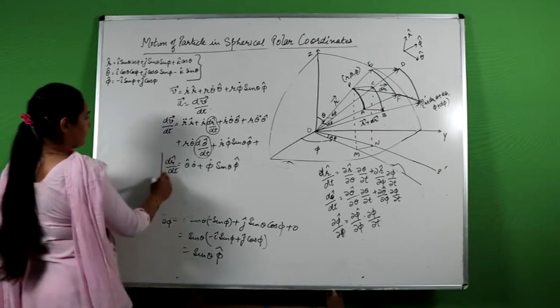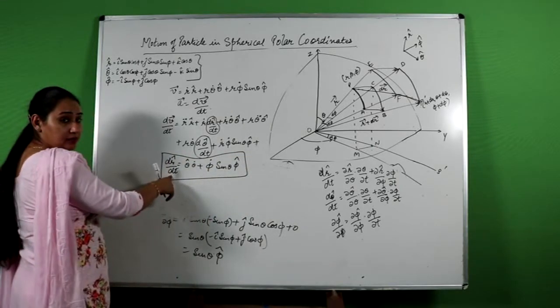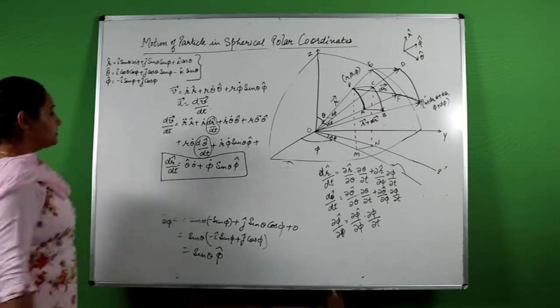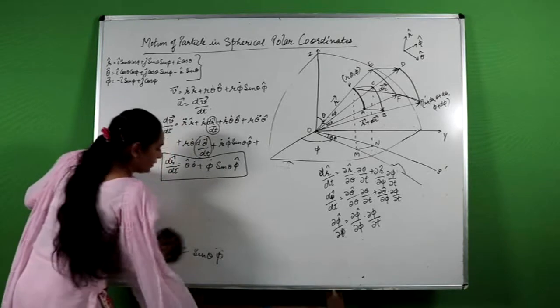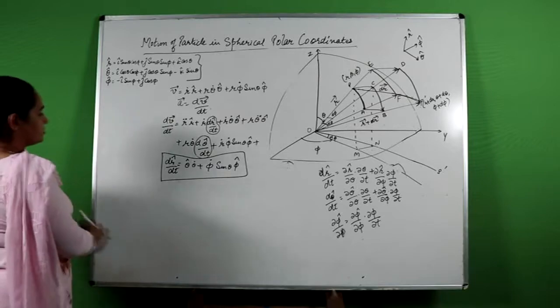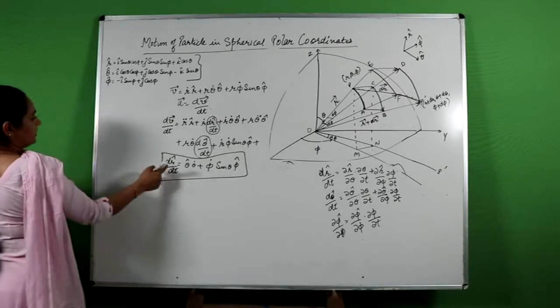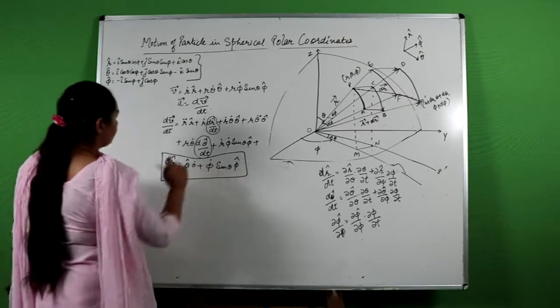So this gives me ∂r cap by ∂t. Similarly, I can move on to theta cap. I'll keep this value with me. dr cap by dt is theta cap theta dot, phi dot sin theta phi cap.